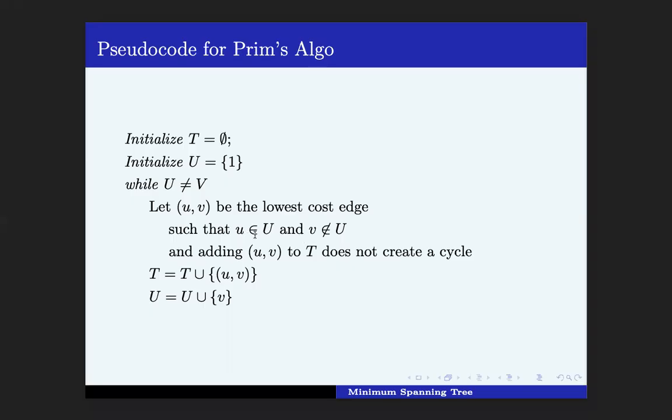I can mark it using another array or something. In that case, I can check that I will not create a cycle. That I completely agree. But how are you going to find out the lowest cost edge among those edges that have at least one vertex in U?